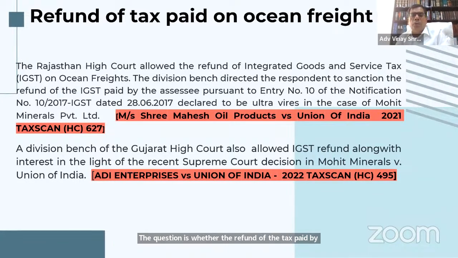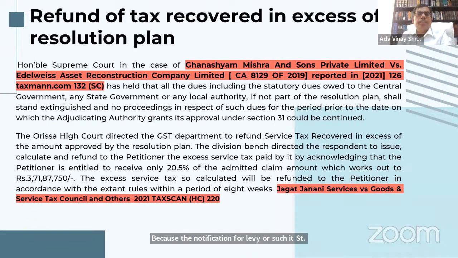So here the Honorable Gujarat High Court as well as the Honorable Rajasthan High Court had directed the department to refund the IGST paid on ocean freight because the notification for levy of such IGST has been struck down by the Honorable Supreme Court.